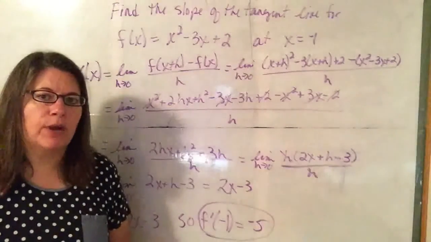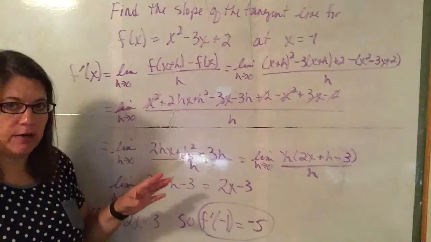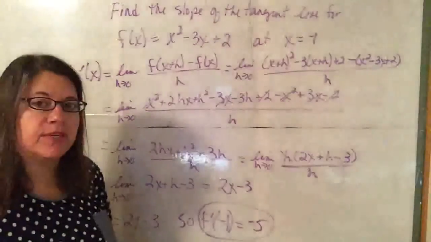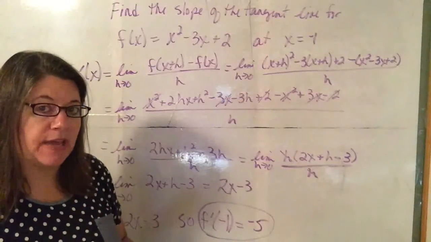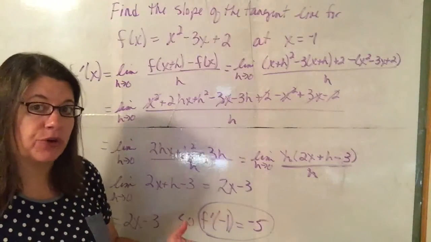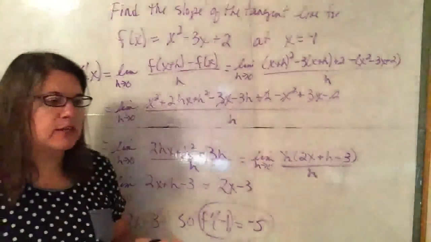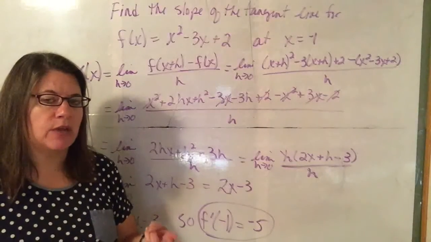Then I wanted to make sure I pointed out that another thing they could ask me to do here is, instead of just finding the slope of the tangent line, they could say find the equation of the tangent line. They could ask you to go a step further, okay? So in order to do that, if you are trying to find an equation for a tangent line, you need at least 2 things.